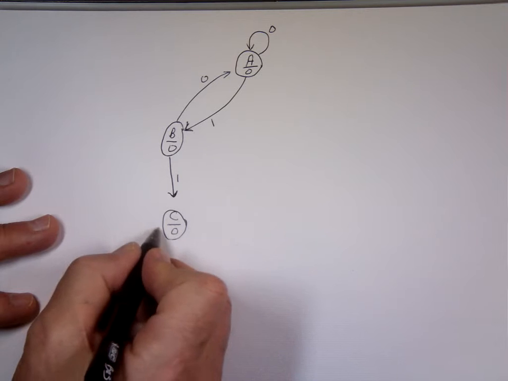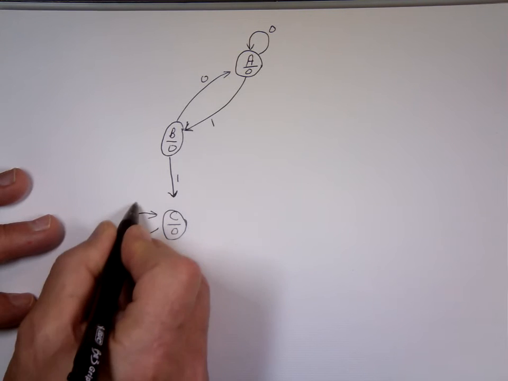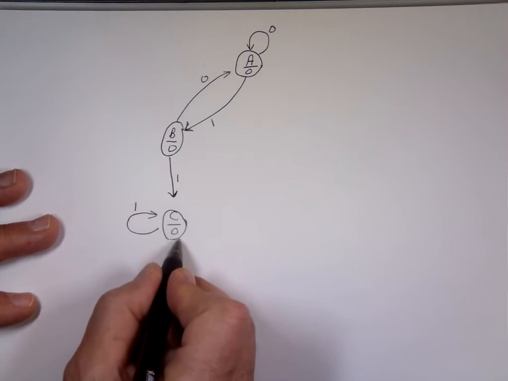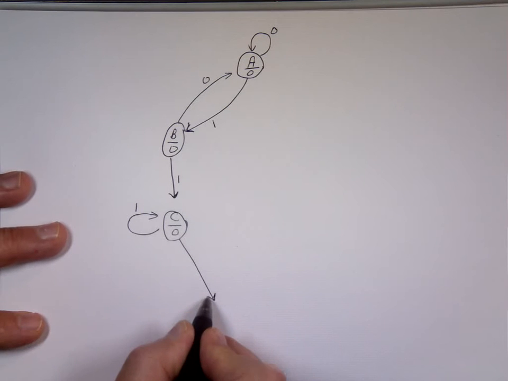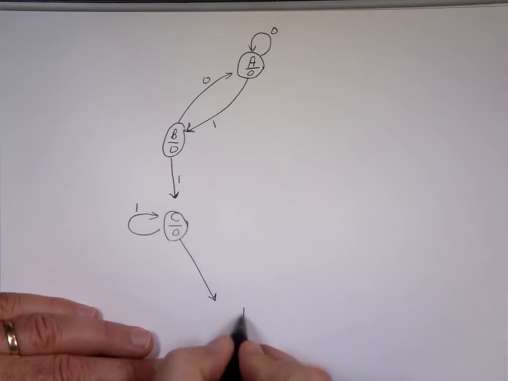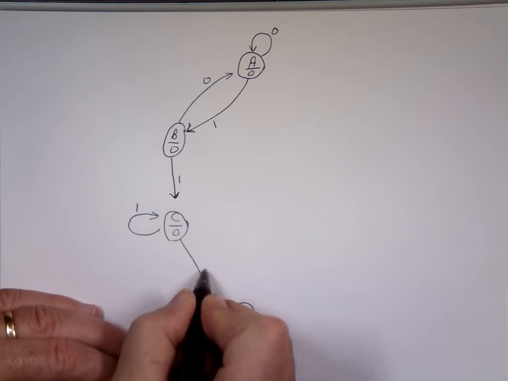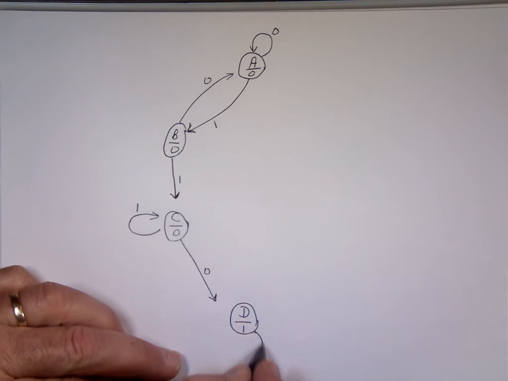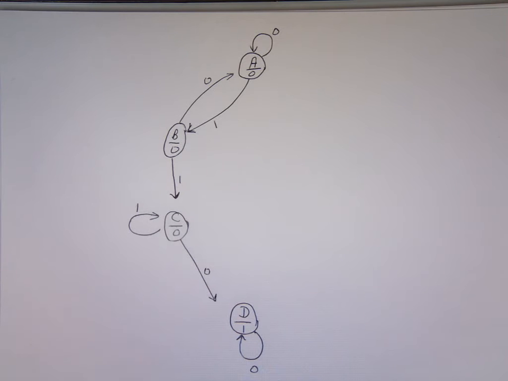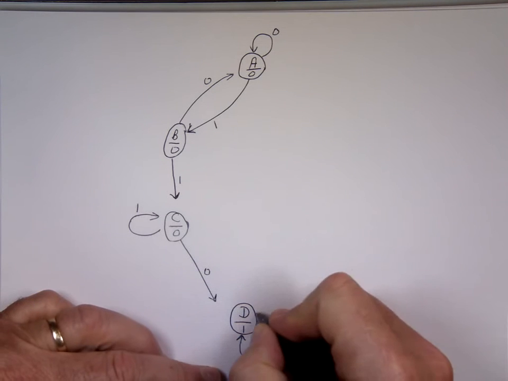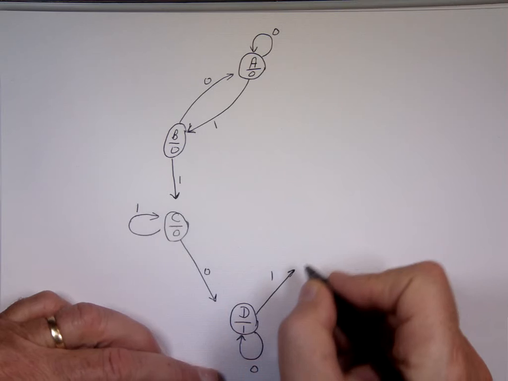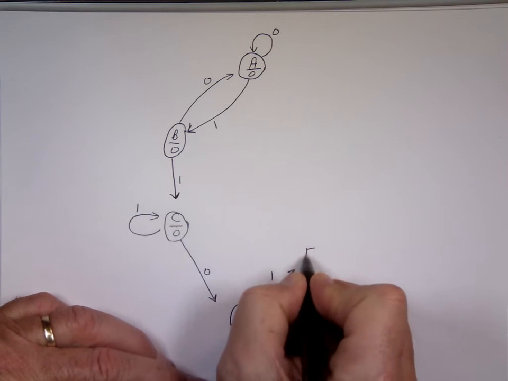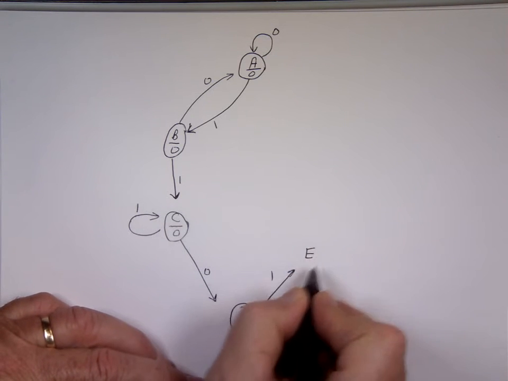If you're at C and your input is 1, you stay here. If it's 0, you go to state D, and when you get to D, your output is always a 1. If you put a 0 here, you stay where you are. If you put a 1, you go to state E. At E, your output is always a 1.